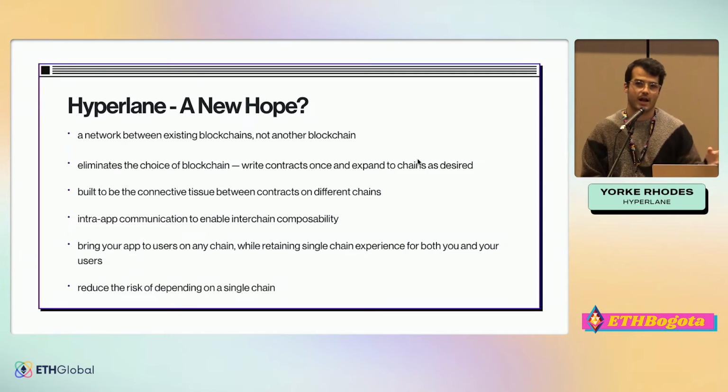Or you can have inter-app composability. So even an app that's on chain X and another app that's on chain Y, they're not natively composable because they're not in the same runtime. Hyperlane allows you to build the aggregator app that makes those two apps composable.